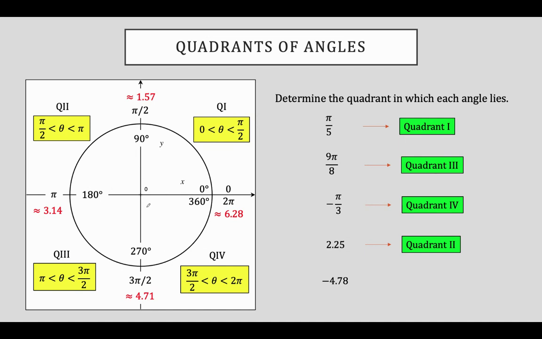Again, going clockwise, I need to go slightly beyond that to get to negative 4.78 radians. And that brings me into quadrant 1. All right, so there you have some relationships between your angles and how to identify what quadrant some of your angles lie in.